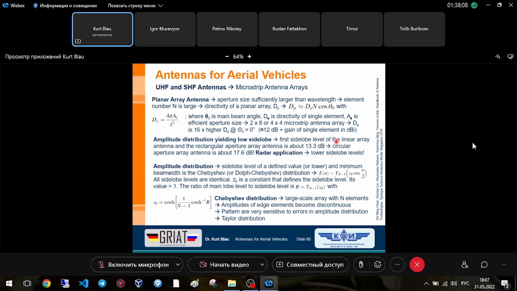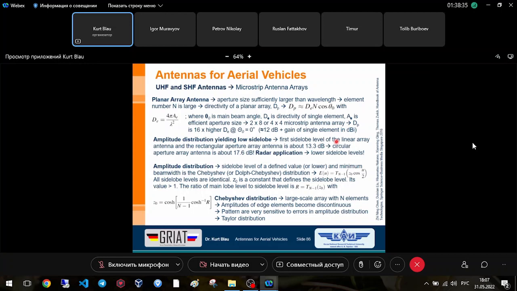And in case of a dish or of a reflector, it's not possible, as I mentioned before, to make the amplitude distribution in such a way that over the reflector dish or reflector plate you have at the edges the same magnitude as in the middle. It's impossible.